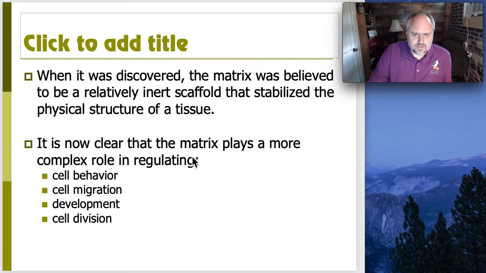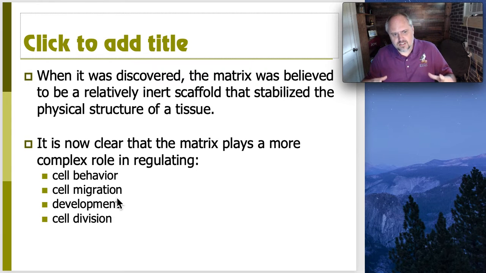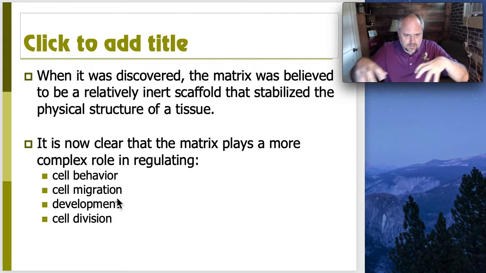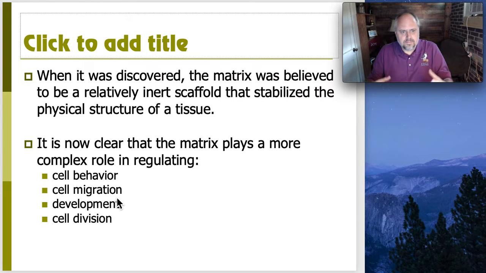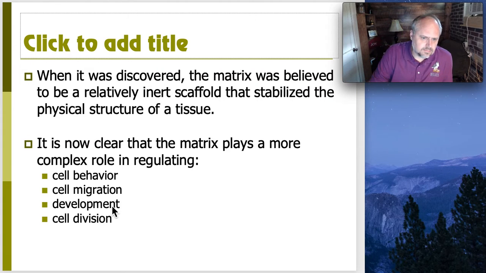So one of the reasons why we will see it is that the matrix plays some roles in behavior, essentially how cells are going to act and what they're going to do. It's going to play a big role in helping cells migrate, because just like the cytoskeleton provided a mechanism for organelles to walk around and get to where they need to be, the extracellular matrix provides something that cells themselves can walk around on.